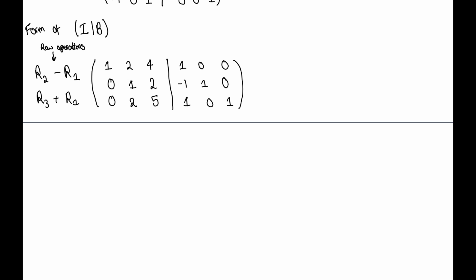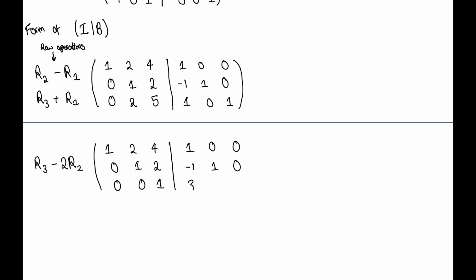In order to do that, we must do row 3 minus 2 lots of row 2, and we get 0, 0, 1. Now if we do the same thing with the identity matrix, row 3 minus 2 lots of row 2 would give us 3, minus 2, 1.